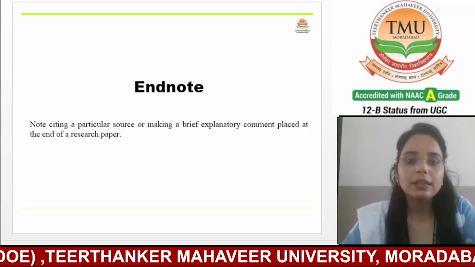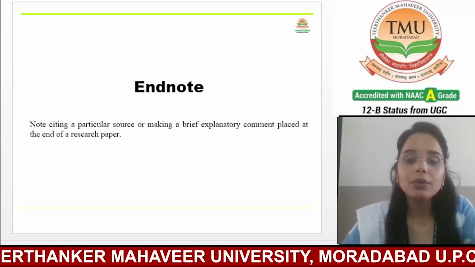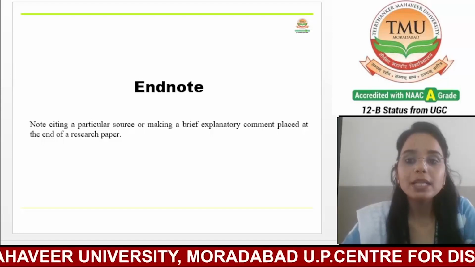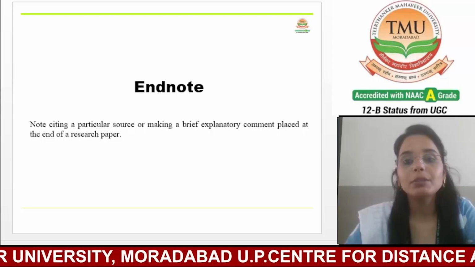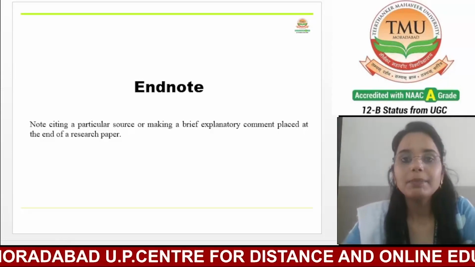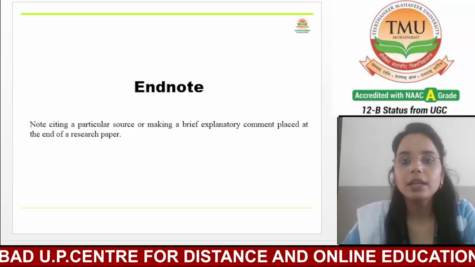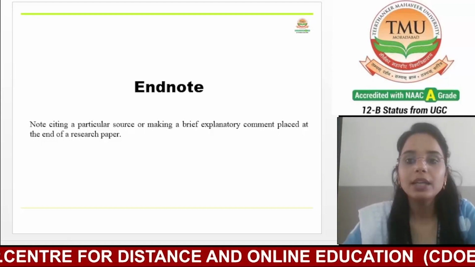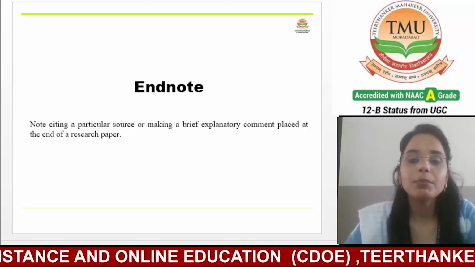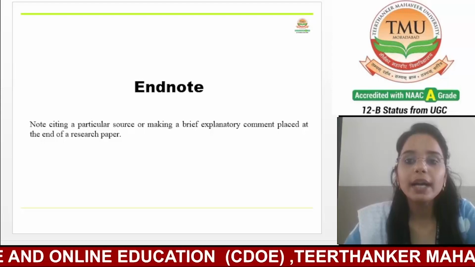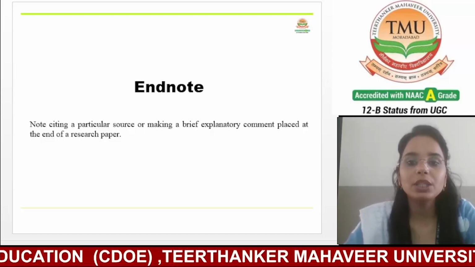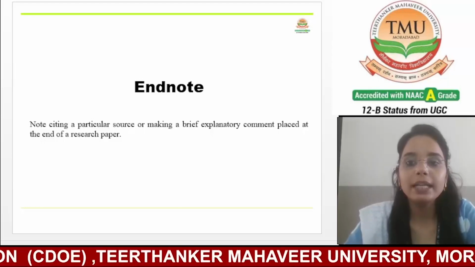An EndNote is basically noting a particular source or making a brief explanatory comment placed at the end of a research paper. In simple terms, EndNotes are a method used in writing, particularly in academic and professional contexts, to provide citations, references, or additional information related to the main text.